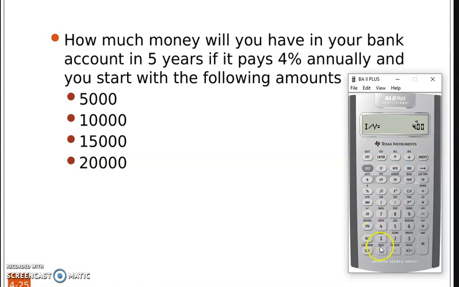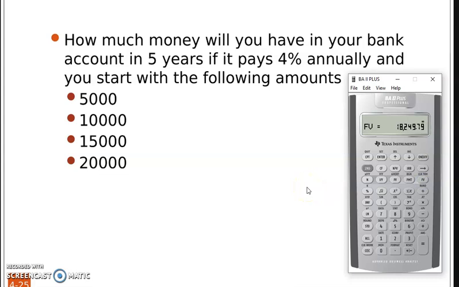PV is 15,000. So I'm going to be investing the $15,000. An investment is a cash outflow, really, can be thought of as that. So negative 15,000 and PV, setting PV equal to negative 15,000. I don't have an annuity, so 0 PMT, then compute FV.